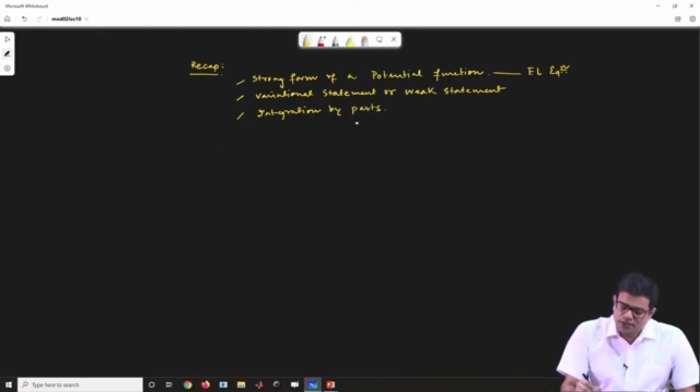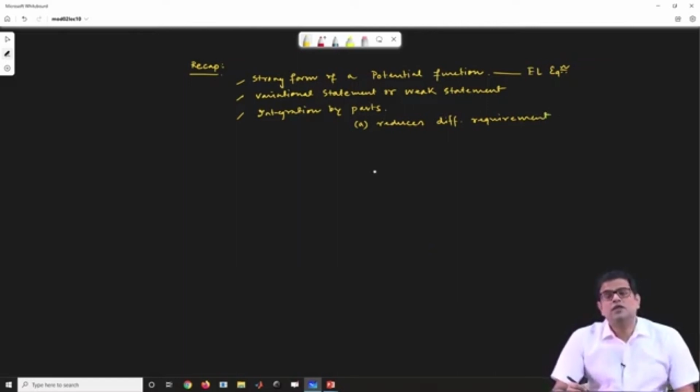Integration by parts has two consequences. First, it reduces the differentiability requirement. If the strong form is second order, by integration by parts we transfer one of the differentiations to the weight function, which finally reduces the differentiability requirement of the field variable.